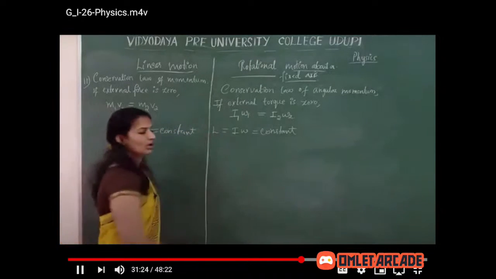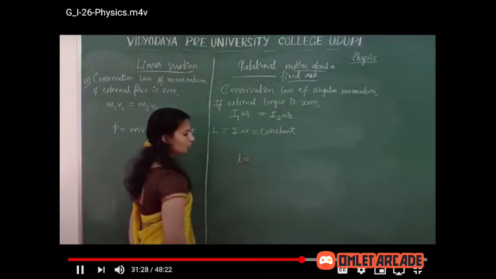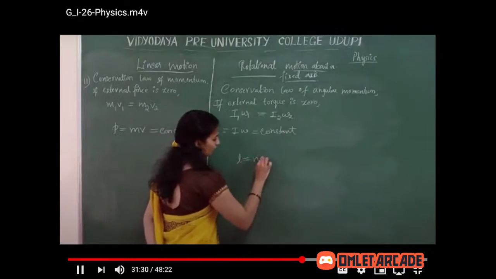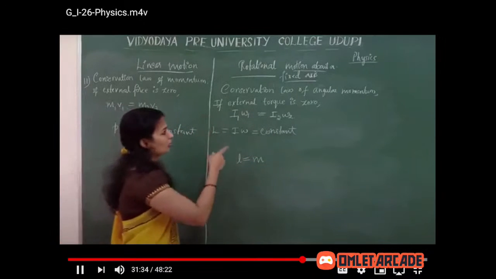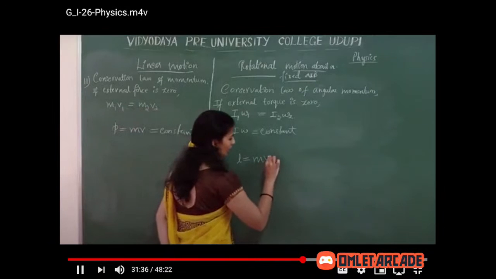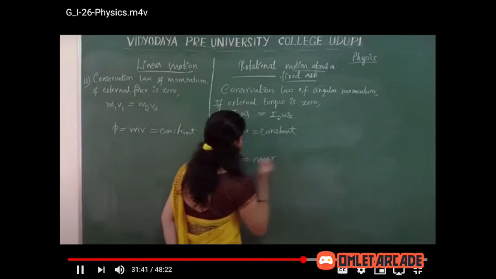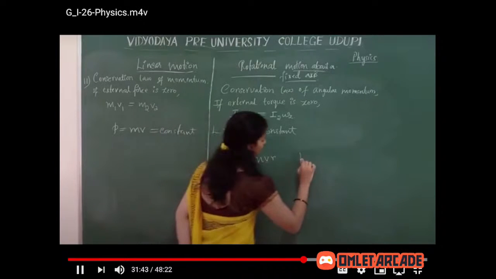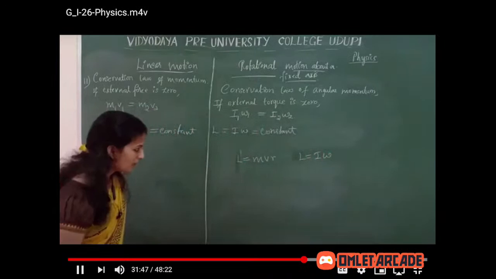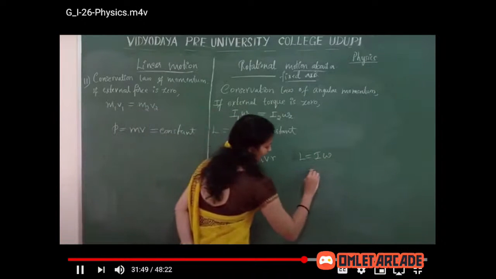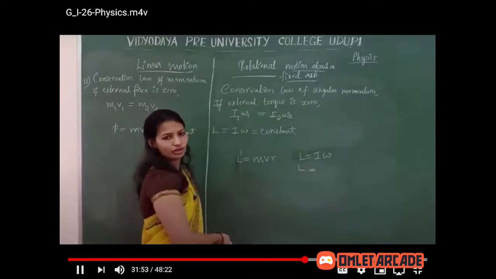Say in the previous class we have studied, we have found one expression for angular momentum, right? That is mvr, isn't it? But here we got one more expression. You can take L equal to I omega, that is equal to mvr.